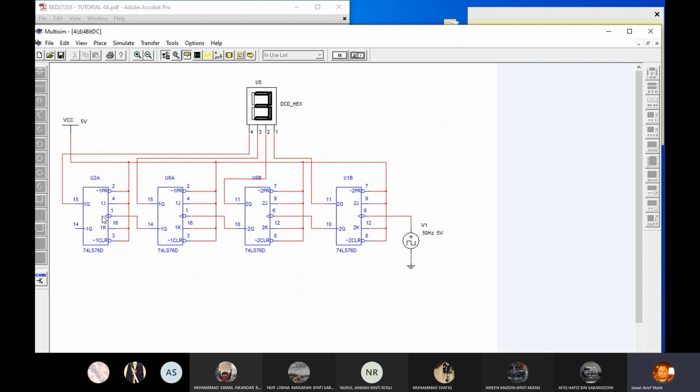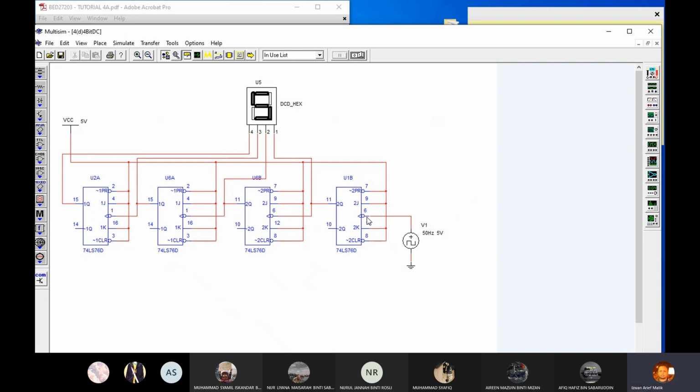Okay, yang ini NGT, so pakai bubble ke depan. Okay, kalau saya ubah clock ke output Q yang positif, then dia akan jadi terbalik lah. 1, 2, 3, 4, 5, 6, 7, 8, 9, A, B, C, D, E, F, and then back to 0. Okay, so itu beza down counter dengan up counter.